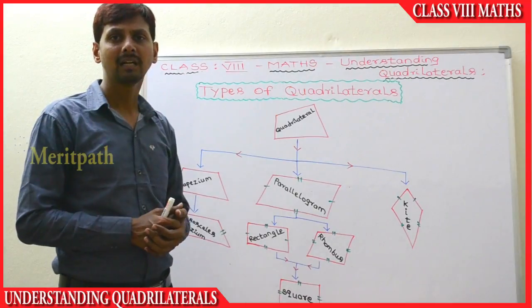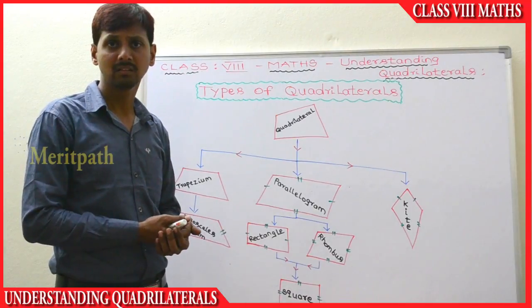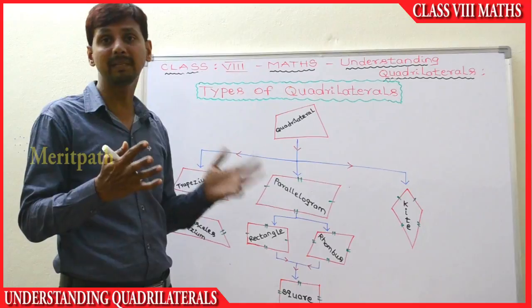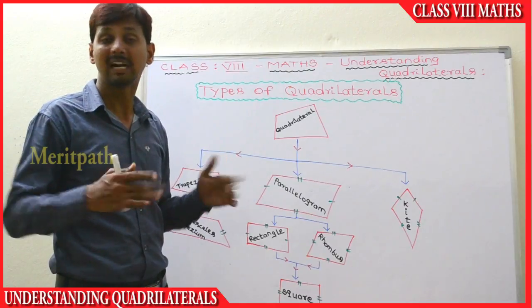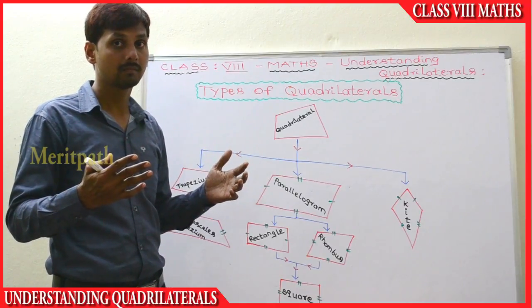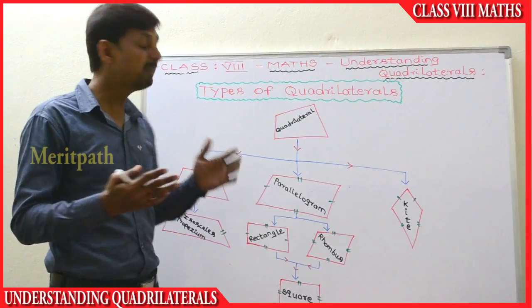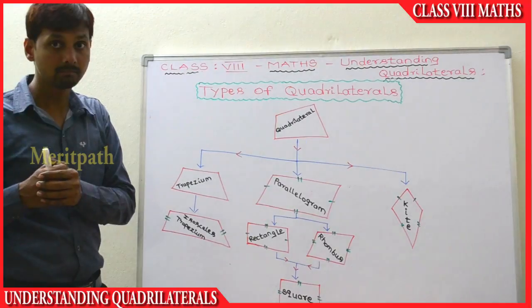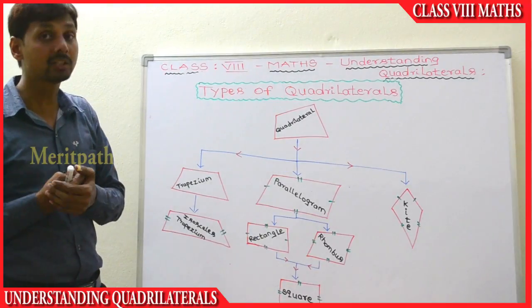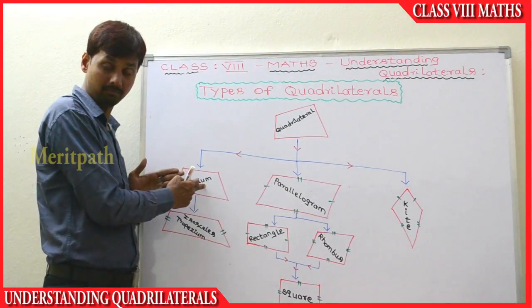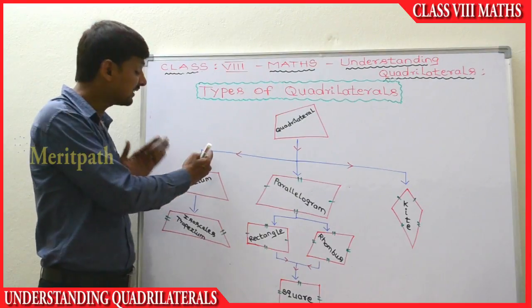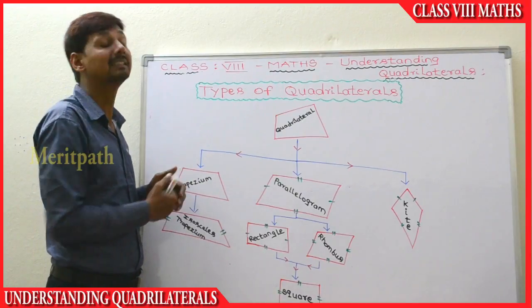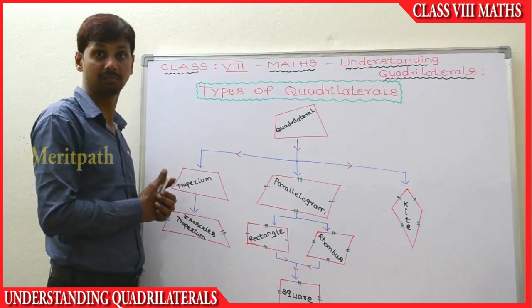Let's see another situation. In a trapezium, if opposite sides are parallel to each other and they are equal, what does it become? We'll see.